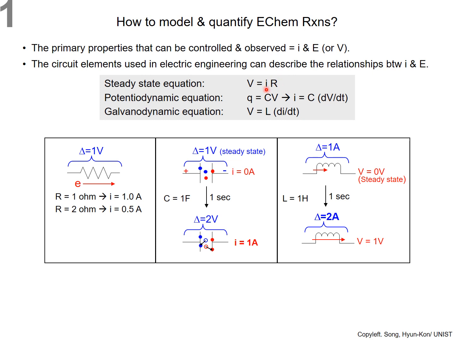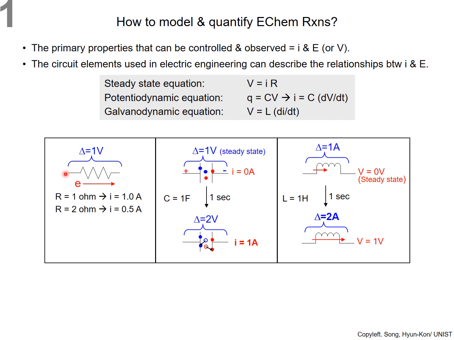We don't need to use any time function of potential and current. That is to say, you don't need to vary the potential and current with time. So let me say this is the steady state equation for relating the potential and current.